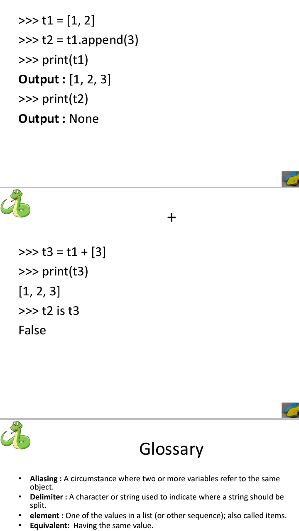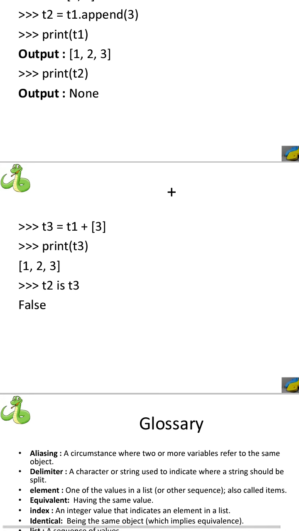As we know, T1 has two elements 1 comma 2, and 3 is from the second list. All three elements will be stored in T3. Hence, in our output, when I print T3, it displays 3 elements: 1, 2, 3.